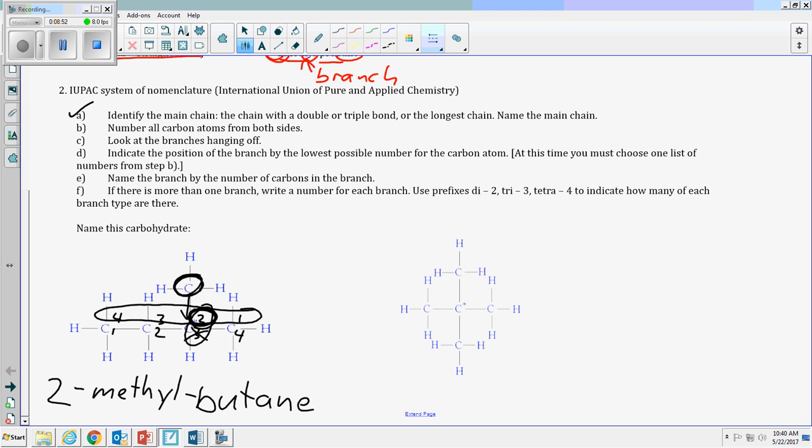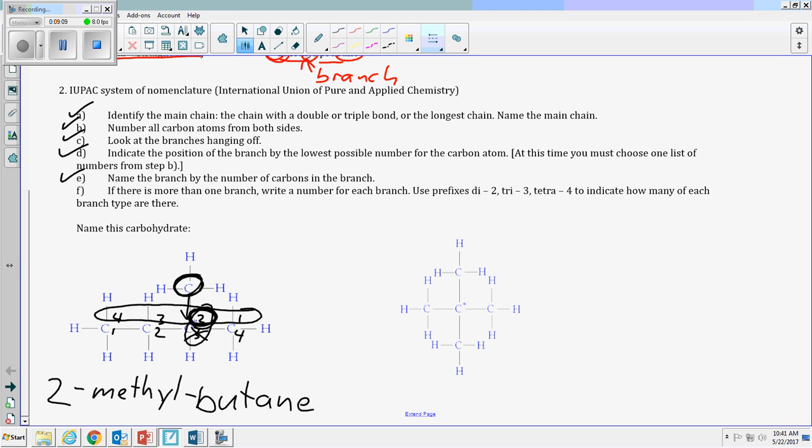So we did this, we chose the lower number, and we named the branches. We did not have to worry about step F because there's only 1 branch there.